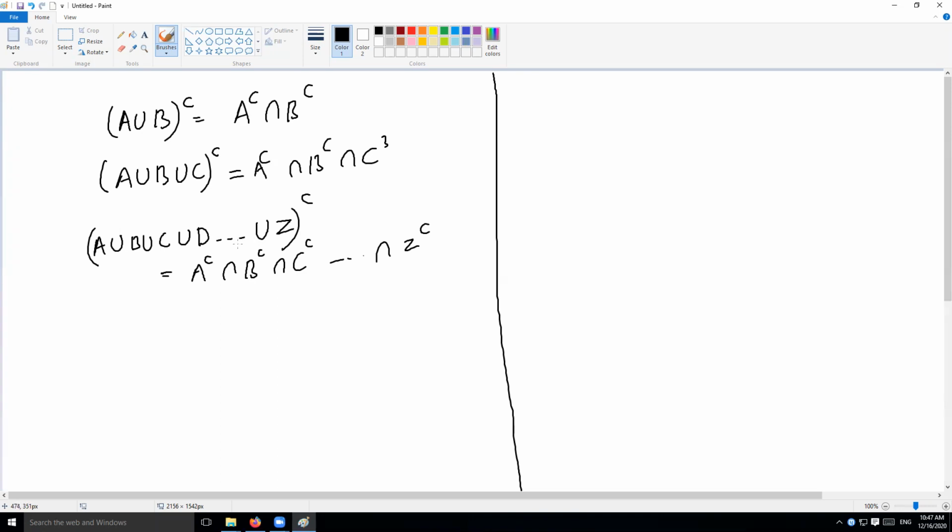So for example, I want to write A union B union C union, say T union, and so on and so forth, union Z, and I want to write another union. What letter should I choose? A star or B star or C star. So you have to create a new notation.